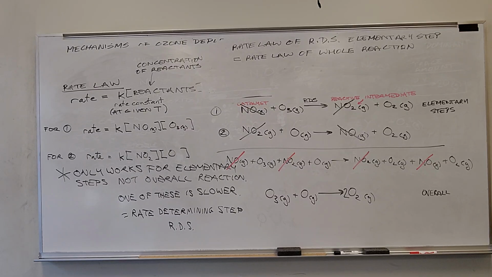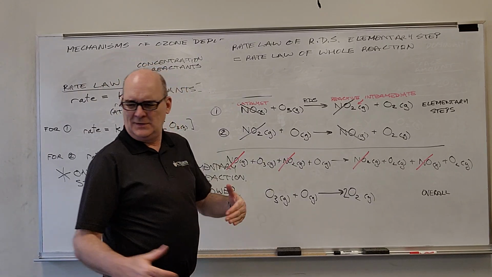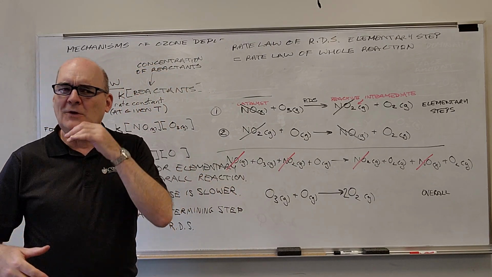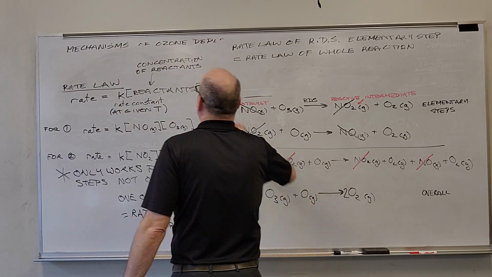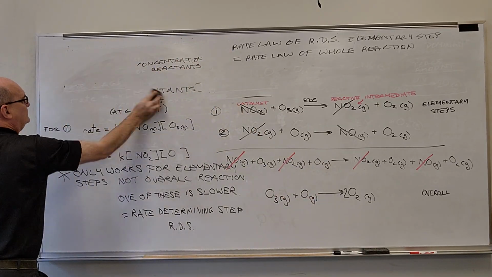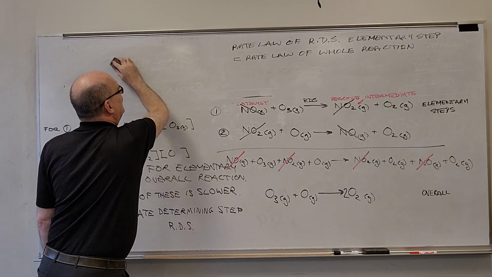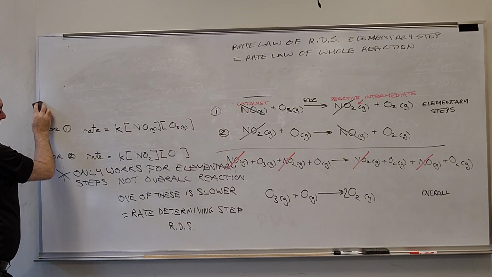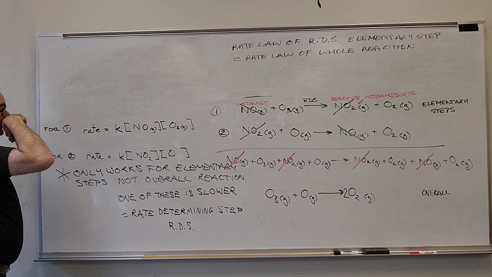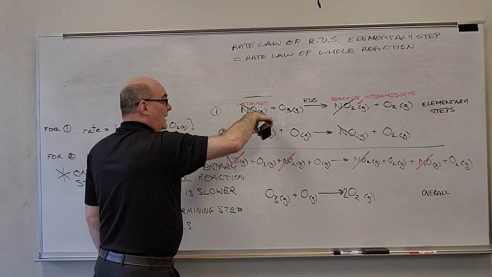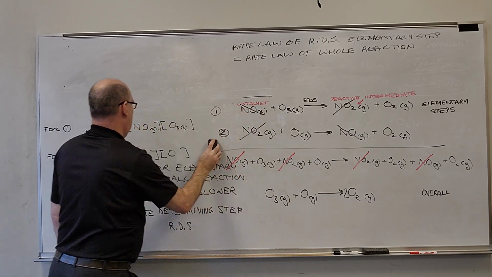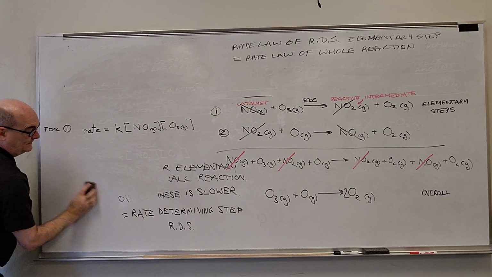Because it's written there in the book, but it's in text, not on the board, let's do it, and then we'll pull up the others. We're going to decide that line 1 is the rate determining step.